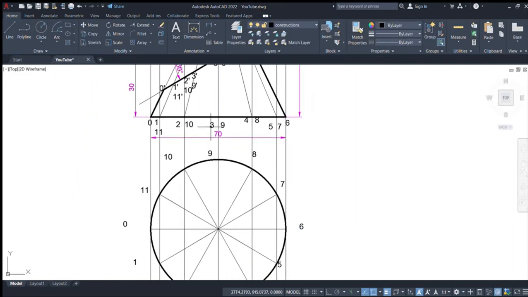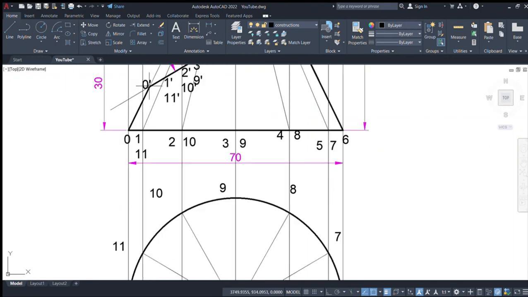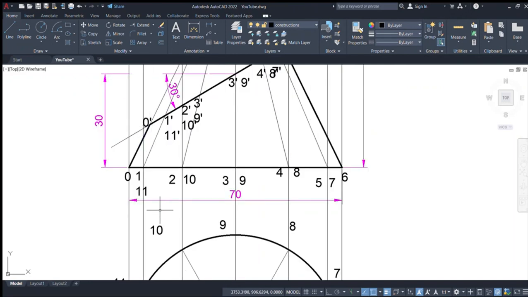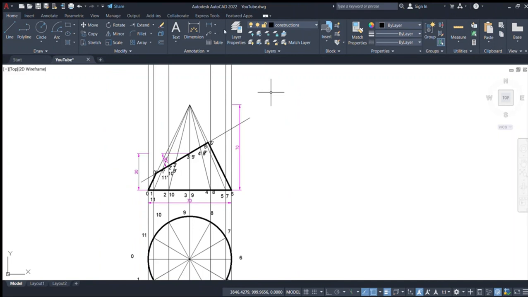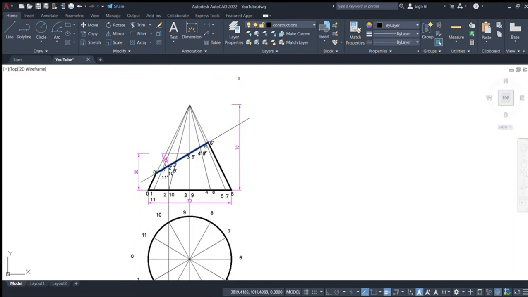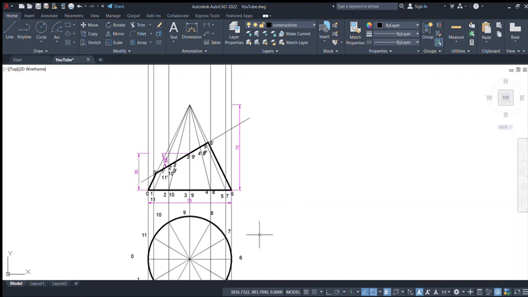Now with that done, from each of these dash numbers, let's have perpendicular projectors to the plan. Sorry, I think I've made a mistake.